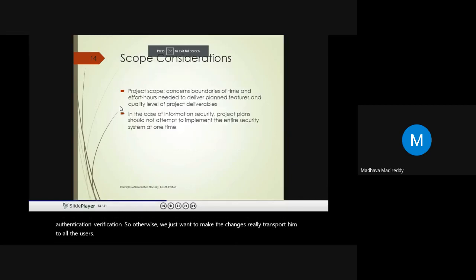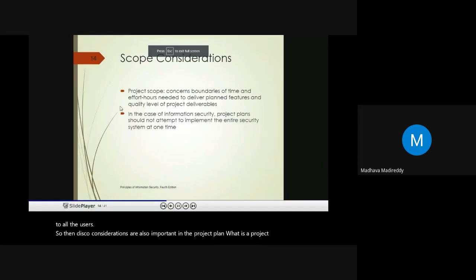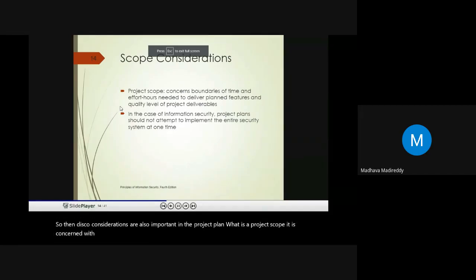Then the scope considerations are also important in the project plan. So what is a project scope? It is concerned with the boundaries of time, the amount of manpower, man hours you can call it, like the number of working hours needed to deliver the planned features and the quality level of the project deliverables.